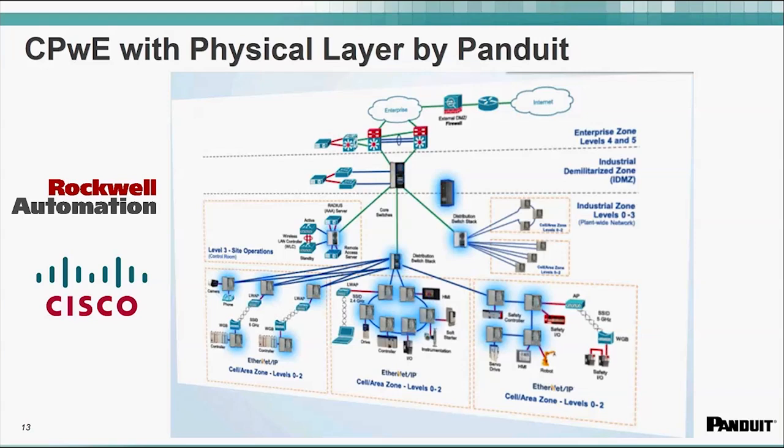There are also level 3 site operations compute, storage, and network capabilities running manufacturing systems such as OEE, historian, production control, recipe management, process control, and others. Towards the top is the IDMZ, which securely connects manufacturing to the enterprise.